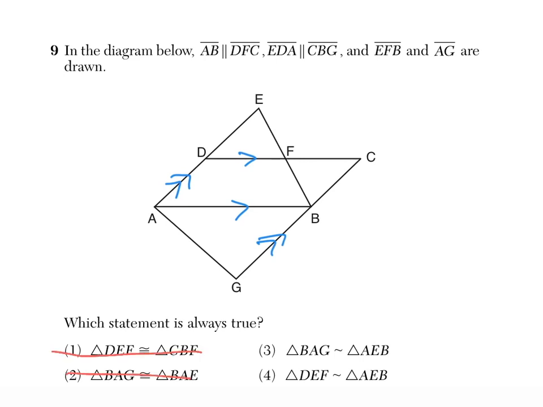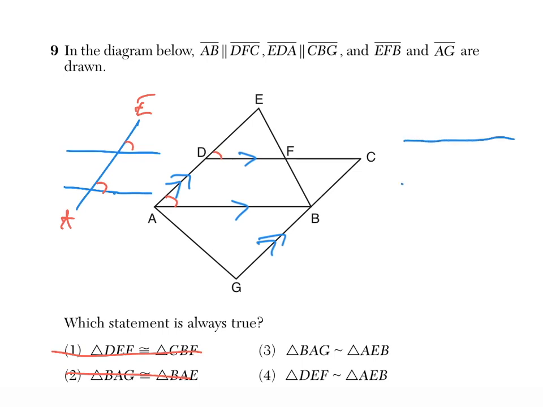So we're going to need to establish a similarity between some of these triangles, and I recognize that we're looking for angle relationships. When we're looking at these two sets of parallel lines right here, and we've got a transversal cutting across from E to A, this angle and this angle are corresponding, and that indicates that they are in fact congruent.